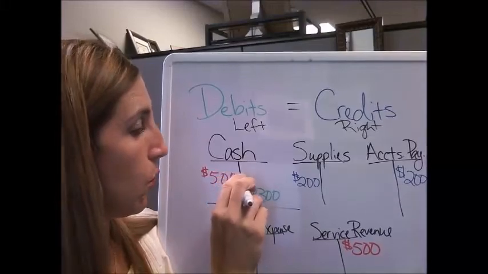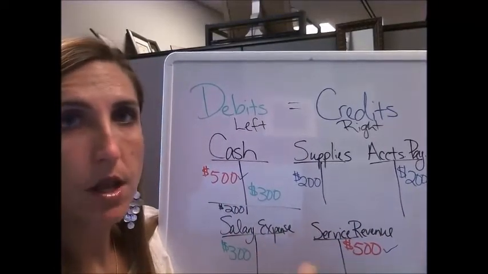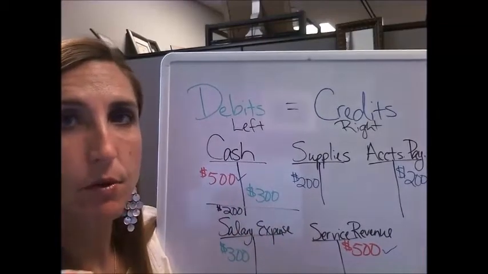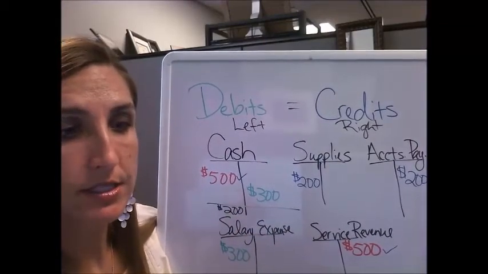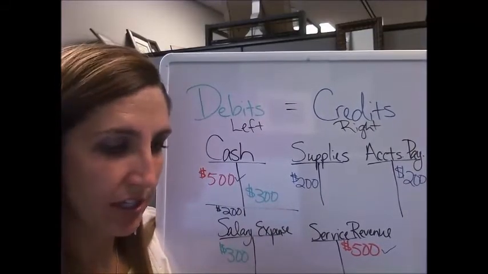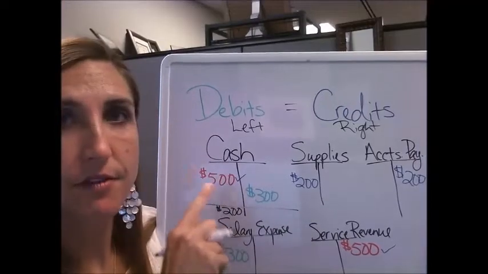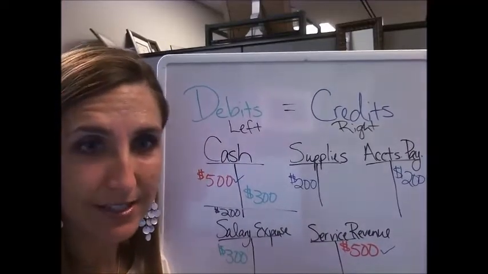So you see there's always one debit and one credit. It could be more than one, but they always have to balance. And that's how we refer to our debits and credits in a T account. Do I have the same amount of peanut butter as I do jelly? So just refer to in your T account the word debit as left and the word credit as right.